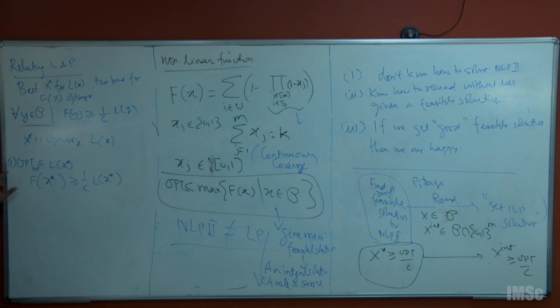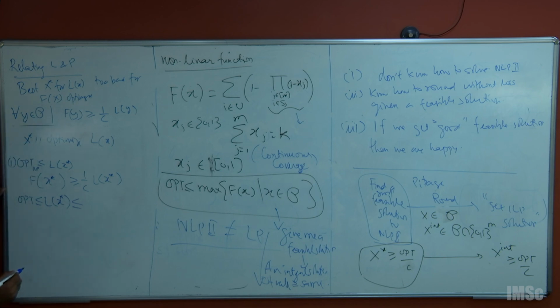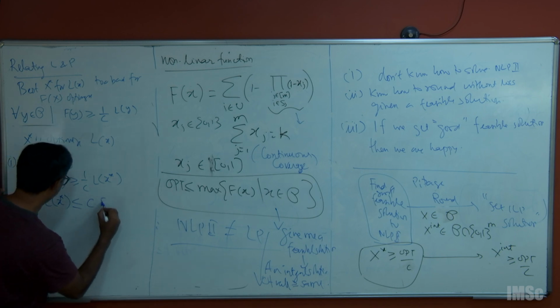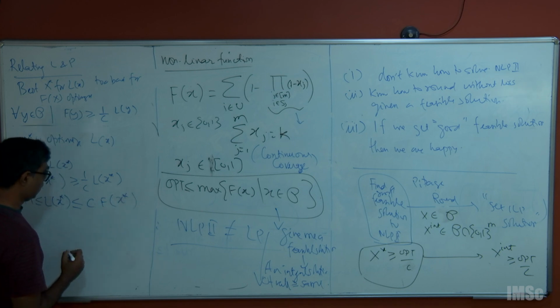So opt is less than or equal to L of x star, which is less than or equal to, it's a feasible solution for the LP, so this is less than or equal to c times f of x star.